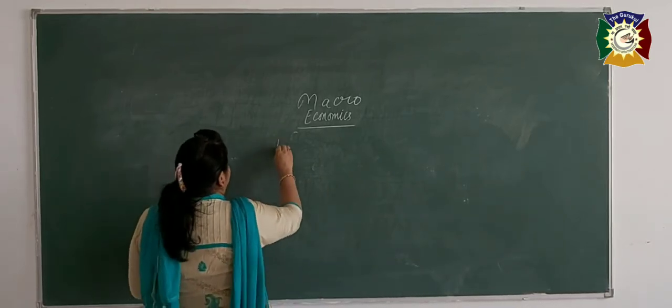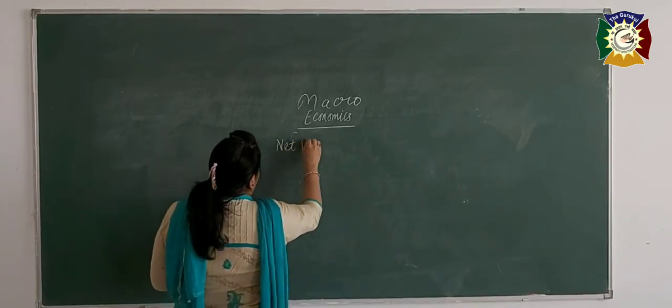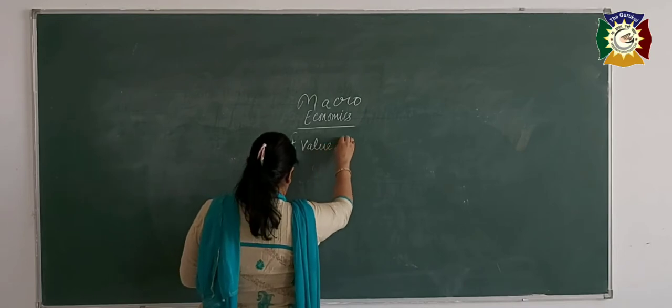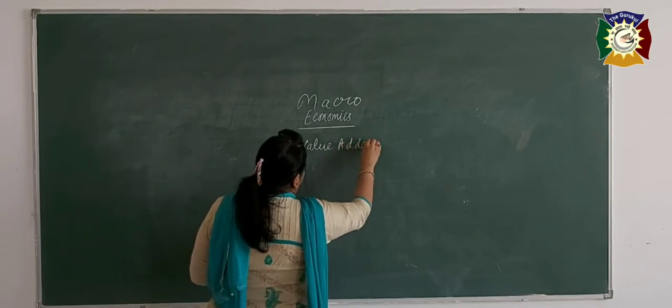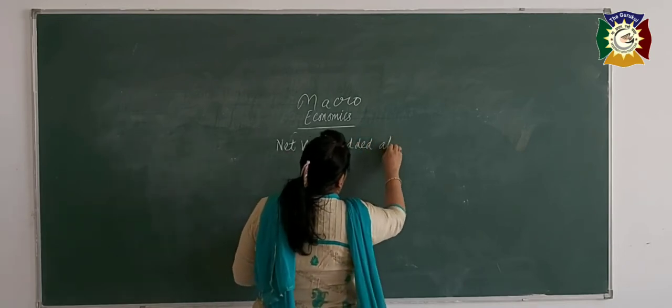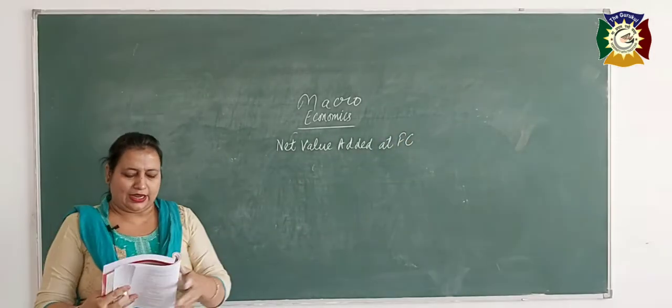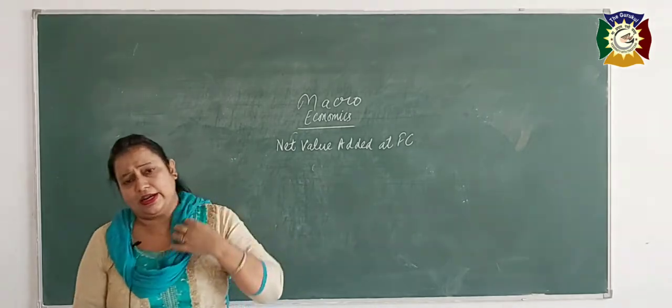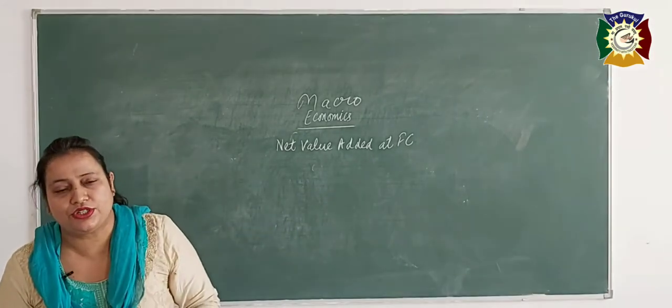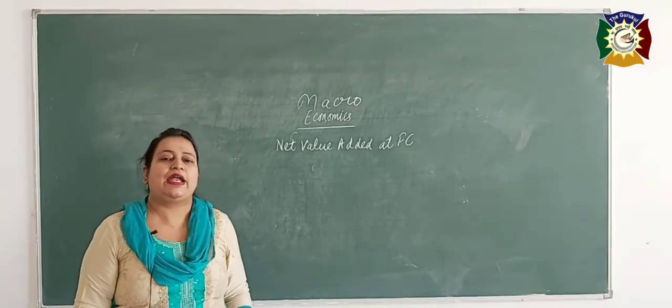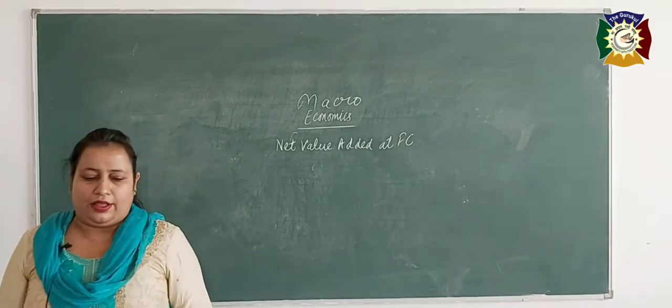Your question is find net value added. What you have to find? Net value added at factor cost. It means you have to find firstly gross value added, then minus depreciation, then you can find net value added.